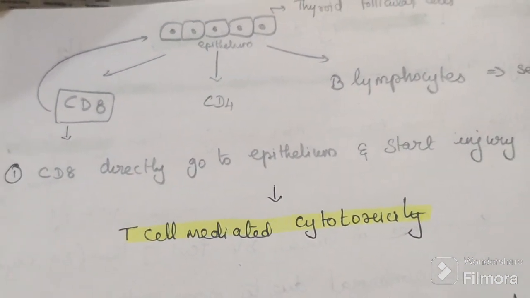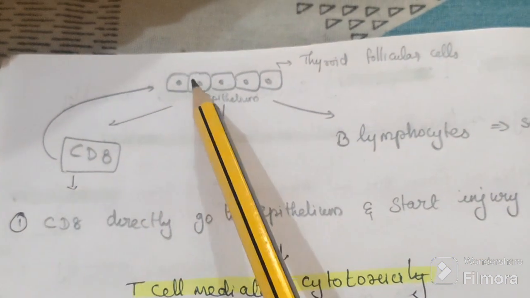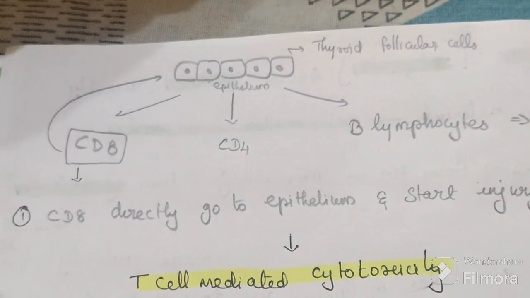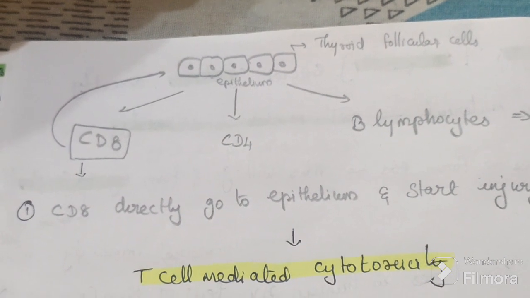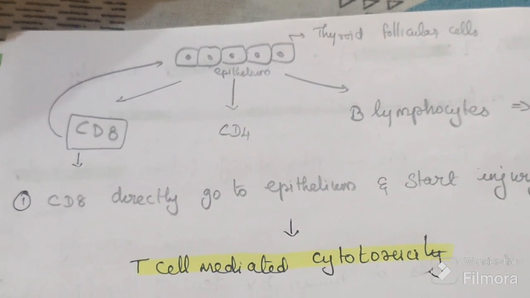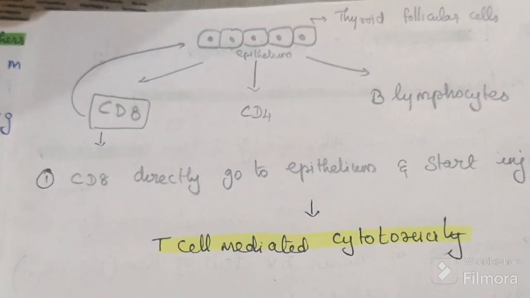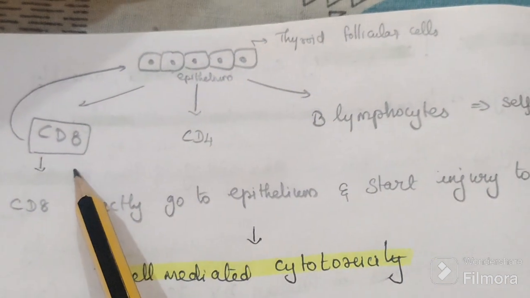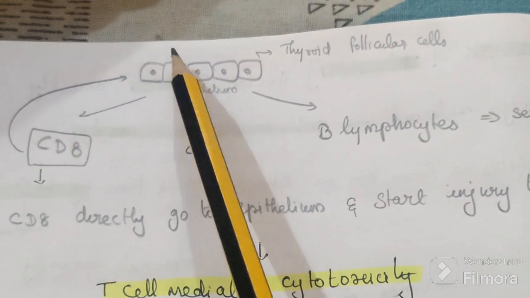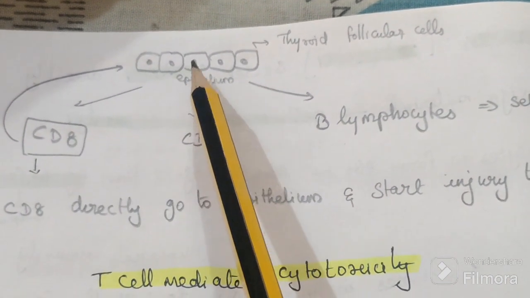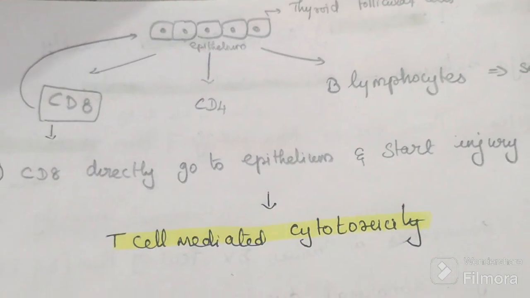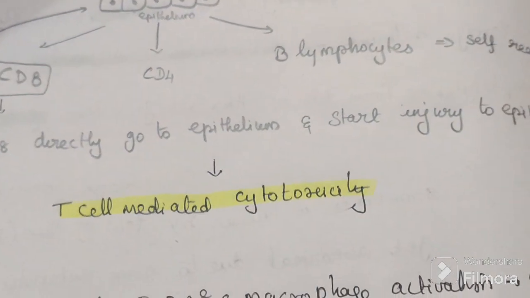CD8 cells go directly to the epithelium and start injuring that epithelium. That is known as T cell-mediated cytotoxicity. This CD8 cell goes to the epithelium and causes injury.